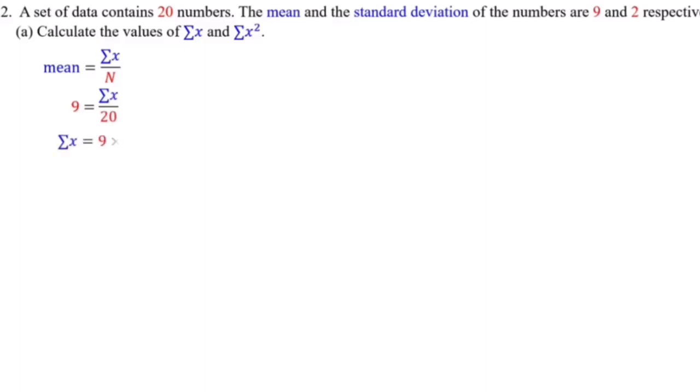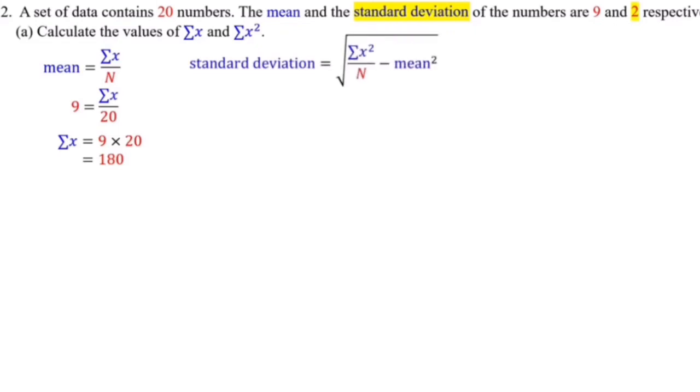Now we want to find the standard deviation. So we use a formula: sum of data square over n, minus mean square. So we will substitute. The standard deviation was given, which we can square to make it variance. So standard deviation was given as 2, so we need to square it to become variance.